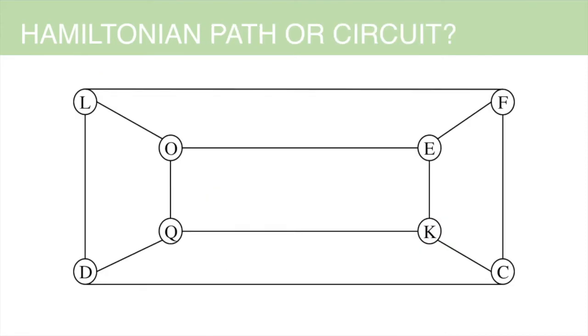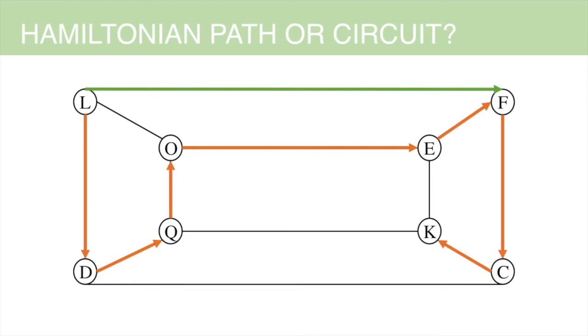Okay, let's find out if this graph shows a Hamiltonian path or a Hamiltonian circuit. If we start at vertex L and go to D, then D to Q, Q to O, O to E, E to F, F to C, and finally C to K, we get a Hamiltonian path.